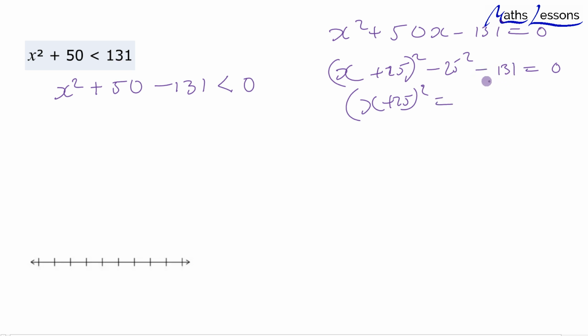They're lovely numbers, aren't they? 625 on the other side, plus another 131 gives me 756. I don't know if that square roots, so I've got a calculator on.